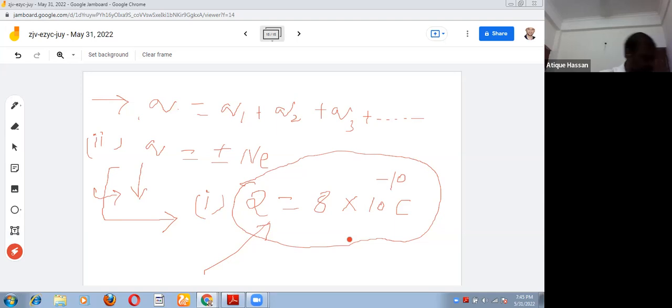Just stop. If this amount of charge is possible, you have to tell whether this charge is possible or not. How will you know whether this charge is possible or not? How will you know?